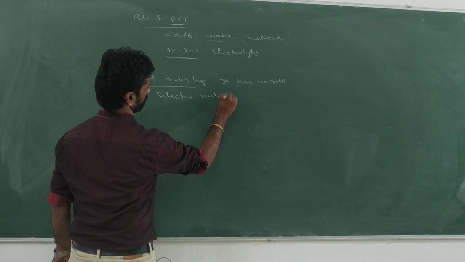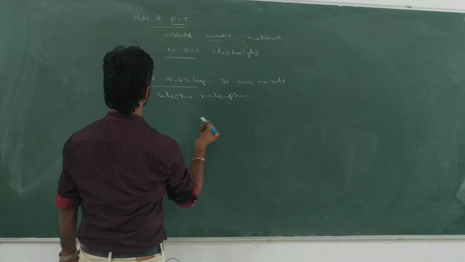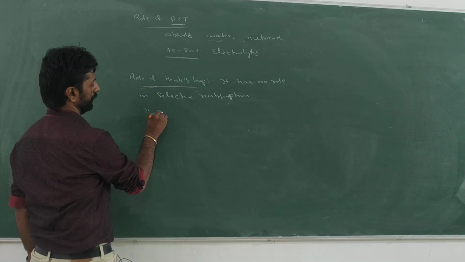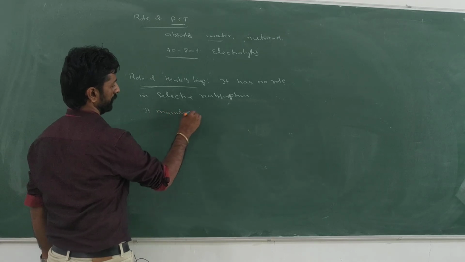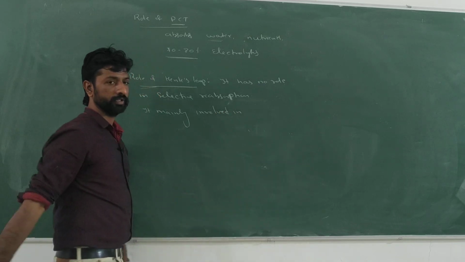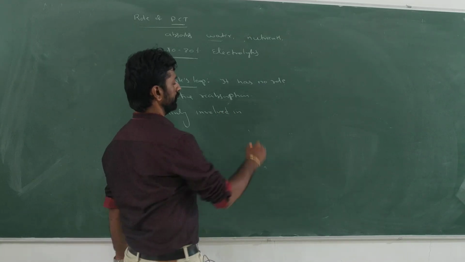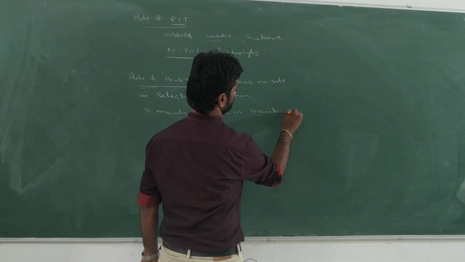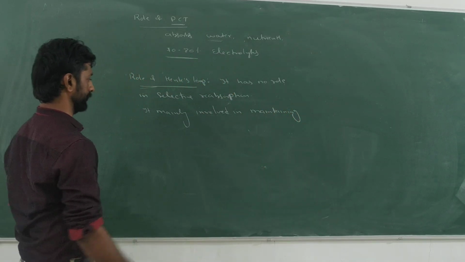Then what is the role played by the loop of Henle? It is mainly involved in maintaining high osmolarity.